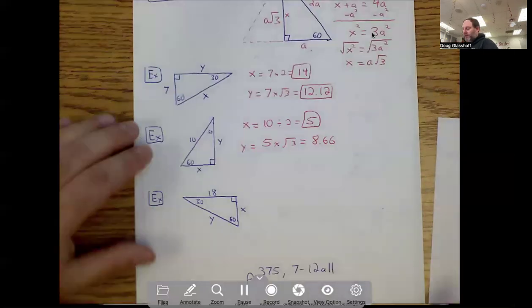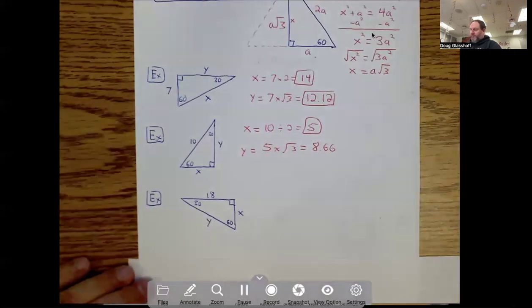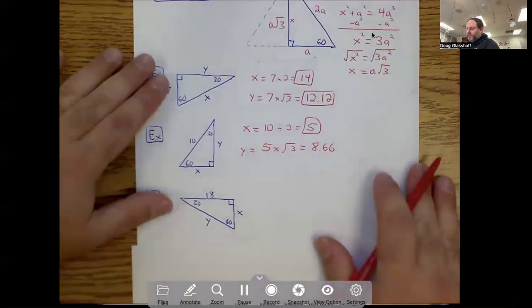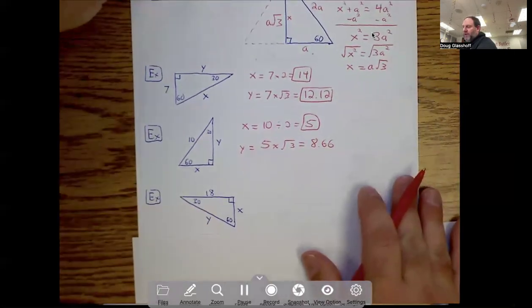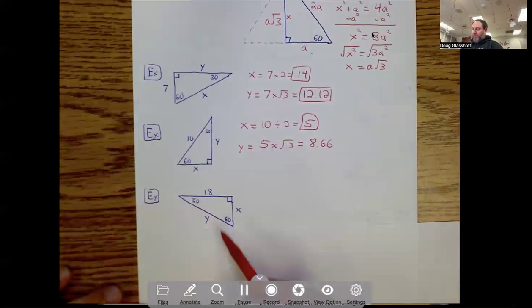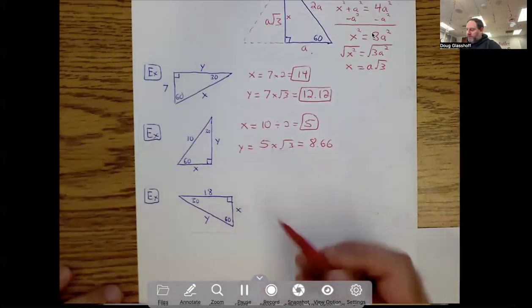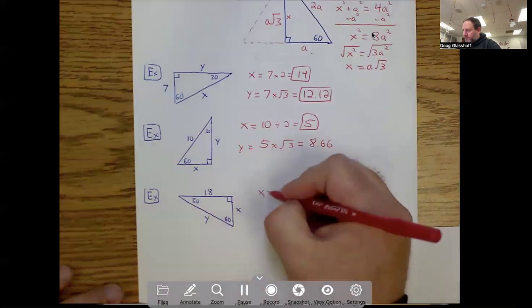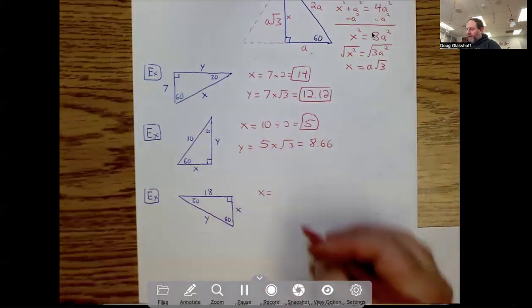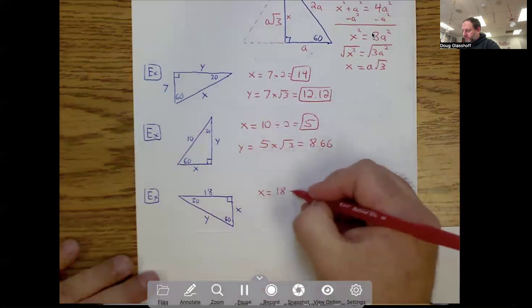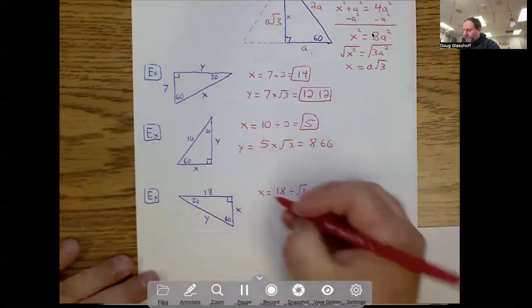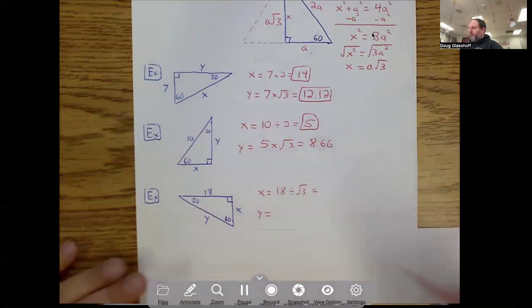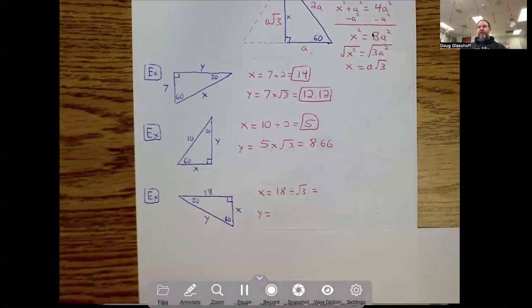The last one here. We have 18 as our longer leg. This time I don't know the hypotenuse or that. So to go backwards, we're going to have to do the opposite of this. To get X, we're going to have to divide by the square root of 3. If I take 18 divided by the square root of 3, I forgot to grab a calculator here.